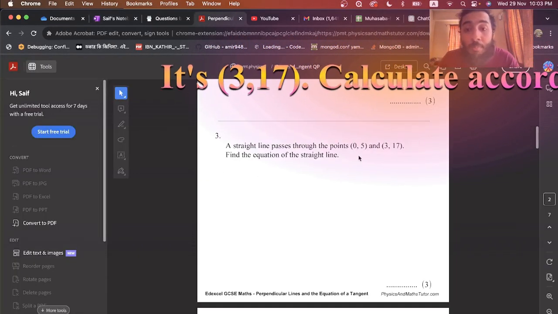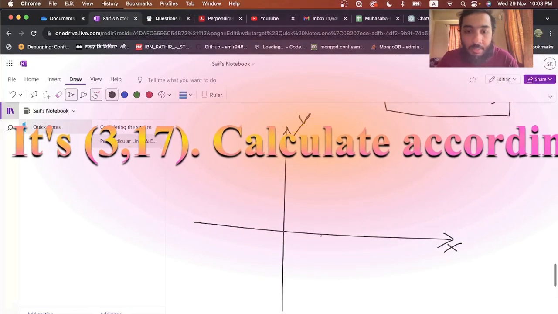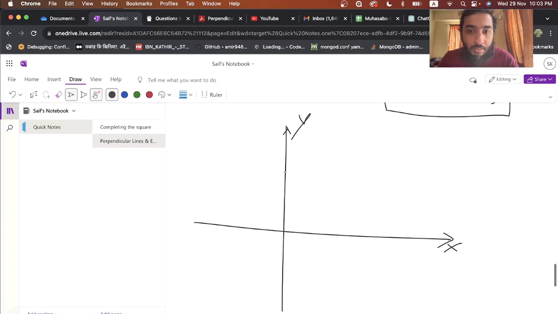A straight line passes through the points (0, 5) and (3, 7). Let's say (0, 5) is something like this, and (3, 7) is something like this.